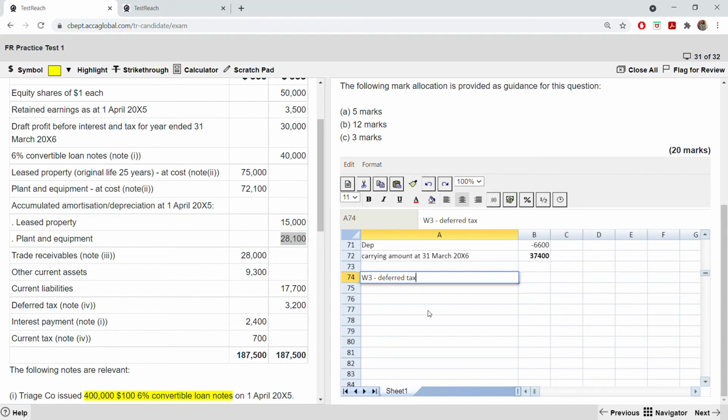For deferred tax there's working 3. This also I'm going to bold. So now the revalued property and other assets.